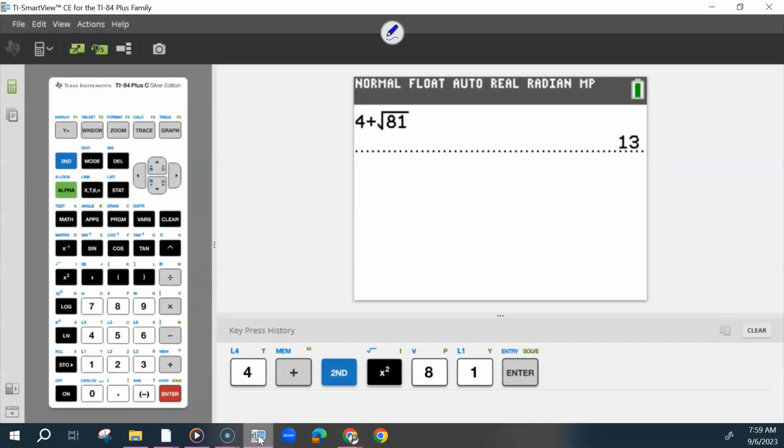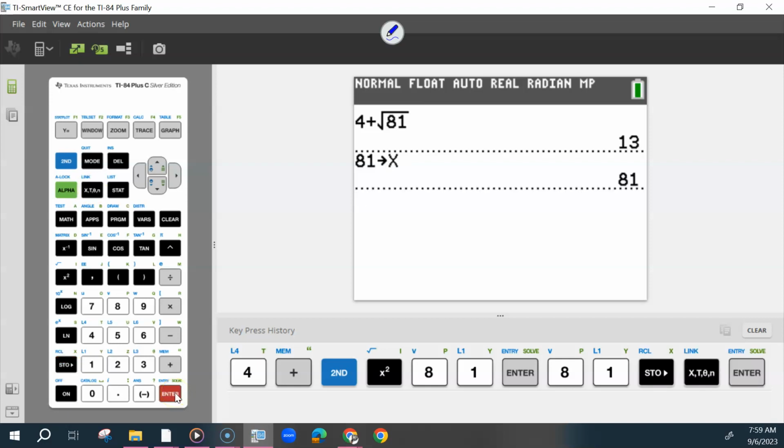But in order to put something in as x, I want 81 to be x. So I'm going to type in, everyone do this, 81, and then I'm going to hit this STO, and then I'm going to hit my x, and then enter. What that did was put 81 in x's place.